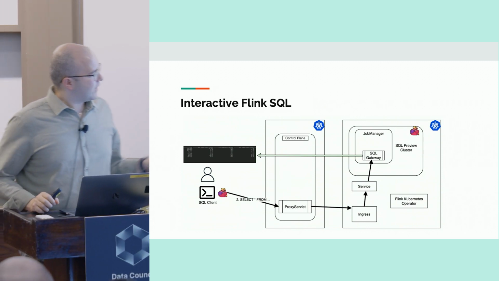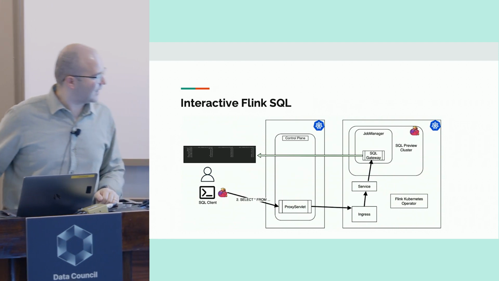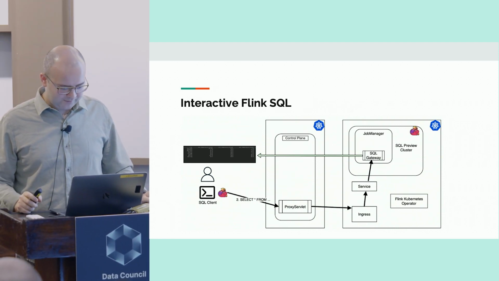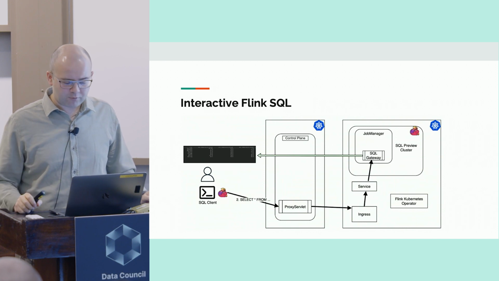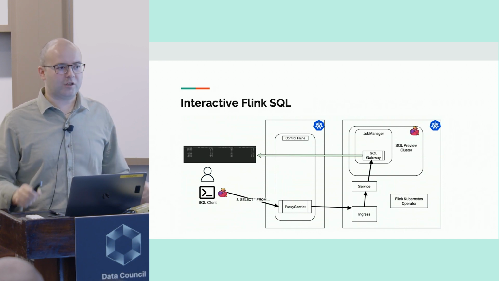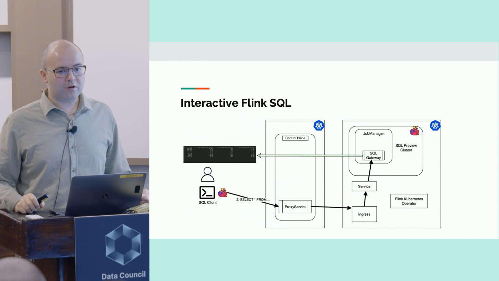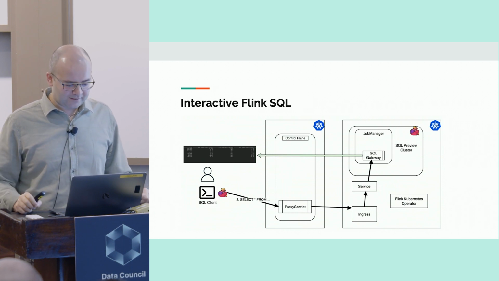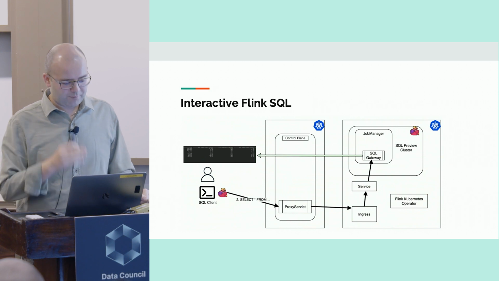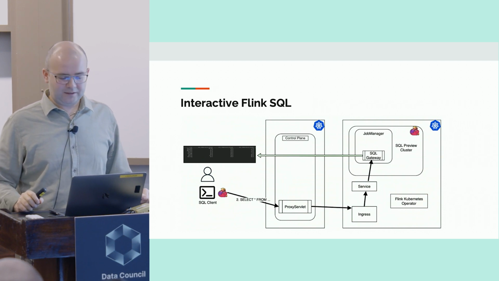Then the query goes through the proxy servlet. Again, authentication and authorization will happen. Then it will be forwarded to ingress, and then make its way to the Flink SQL gateway, which will compile and generate a Flink job graph for you, and then submit it to the job manager. And once the results are ready, the job manager will stream the results back to the SQL client.